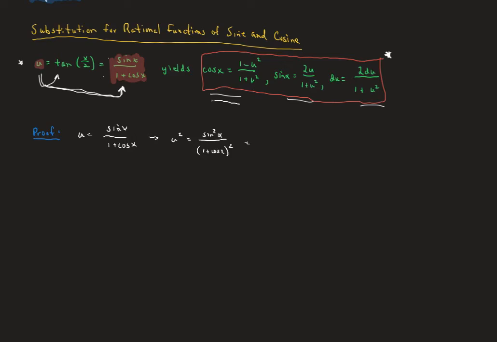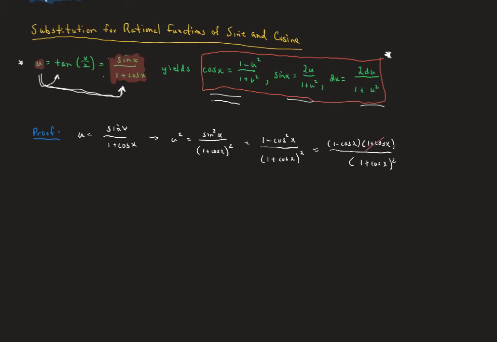Then we're going to trade in that sine squared for 1 minus cosine squared x. That comes from our favorite trig identity, sine squared plus cosine squared equals 1. Then we can factor that numerator as the difference of two squares and call that 1 minus cosine x times 1 plus cosine x over that 1 plus cosine x quantity squared.